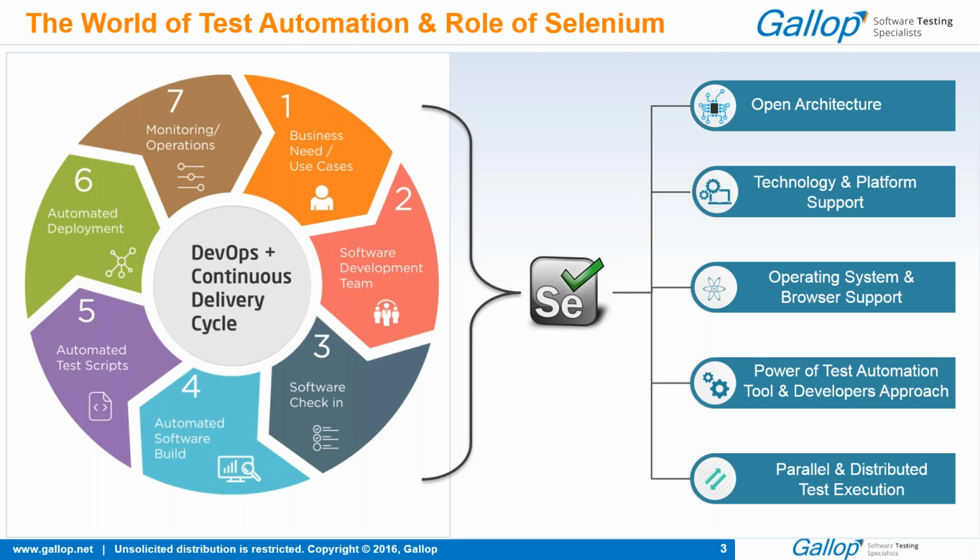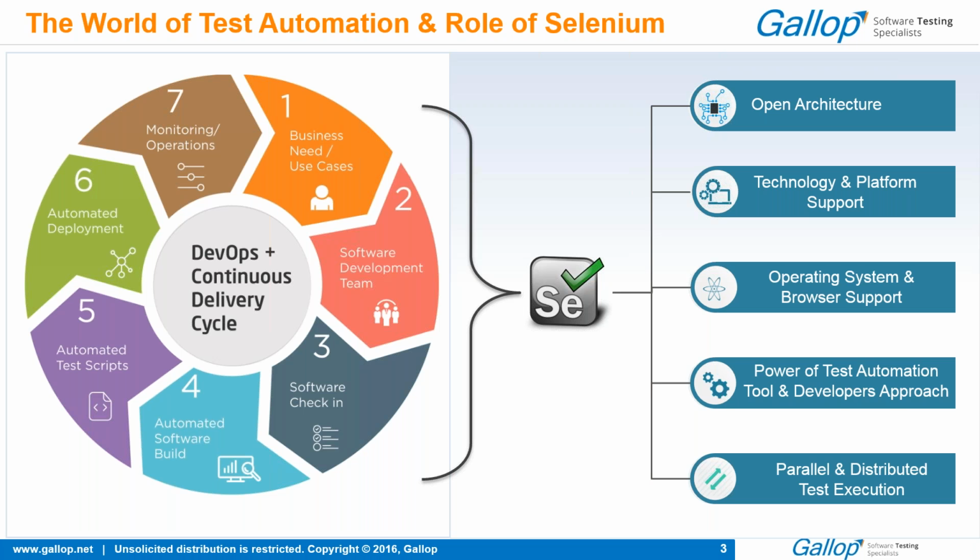And in the CI/CD life cycle, the testing should not take more than 30 minutes. So in this case, again, Selenium becomes the first choice because Selenium supports parallel distributed execution in various ways.